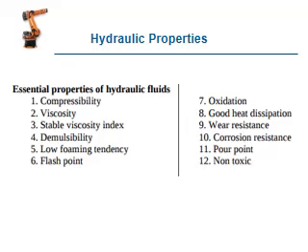The oil should have the essential properties of hydraulic fluids: compressibility, viscosity, stable viscosity index, demulsibility, low foaming tendency, flash point, acidity, good heat dissipation, wear resistance, corrosion resistance, and pour point, non-toxicity. Why does the hydraulic oil need these properties? If the system is going to be used somewhere, there are so many climates available in our country.